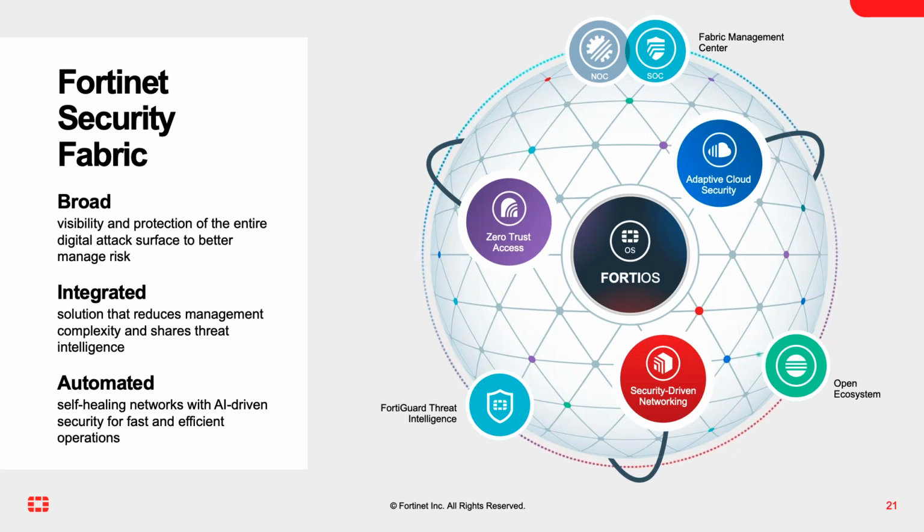Also, all the components of the security fabric, as I mentioned, the FortiGate, which is our next generation firewall, integrate directly with Fortinet. And in other cases, when we have devices that provide advanced threat protection and such, they exchange threat information accordingly.